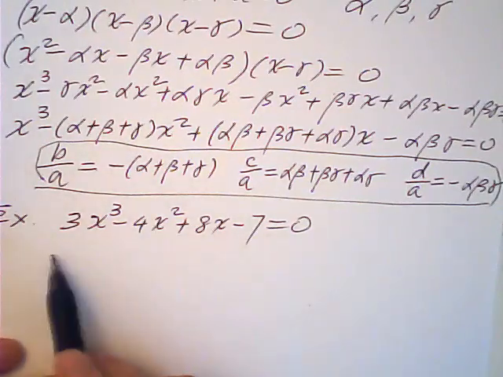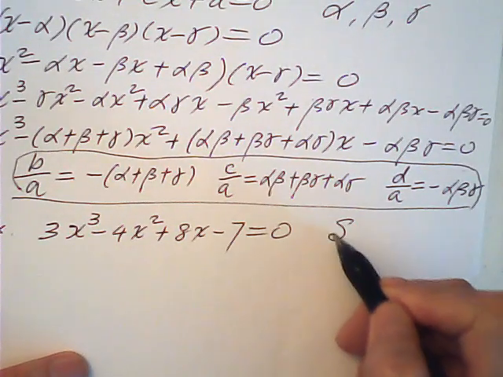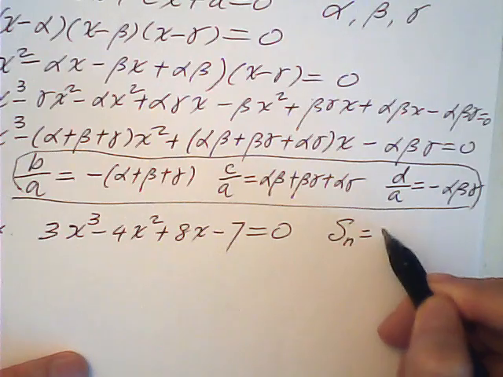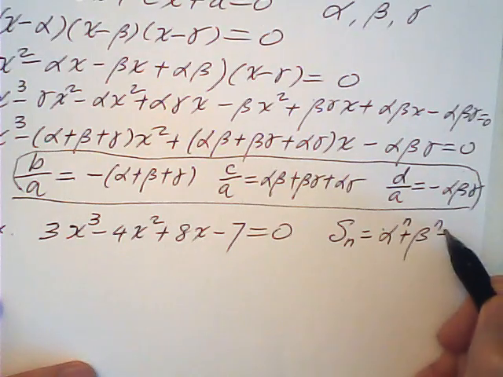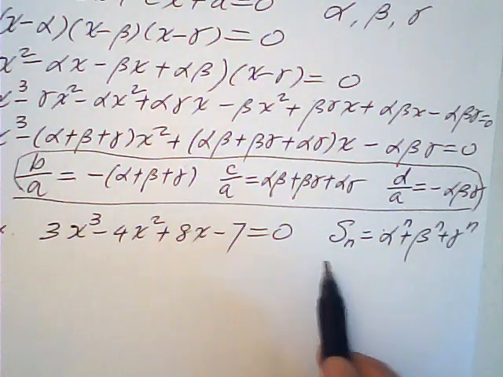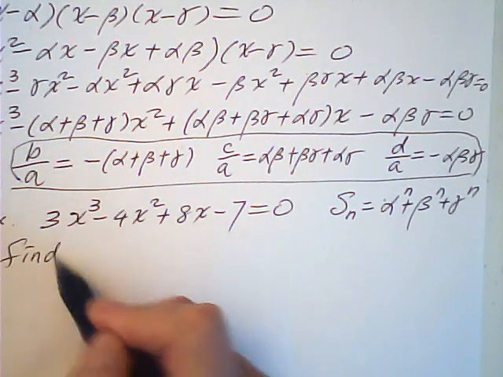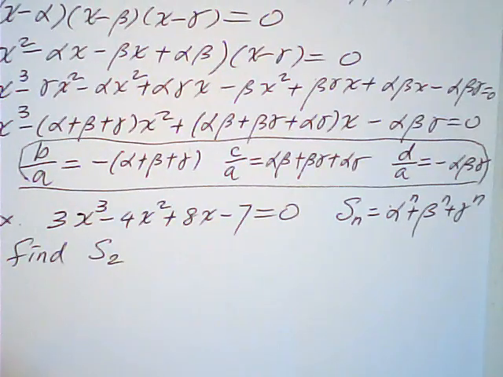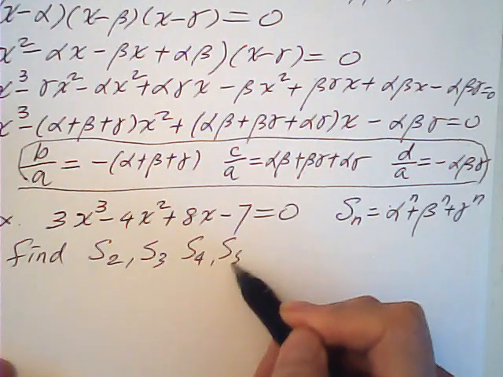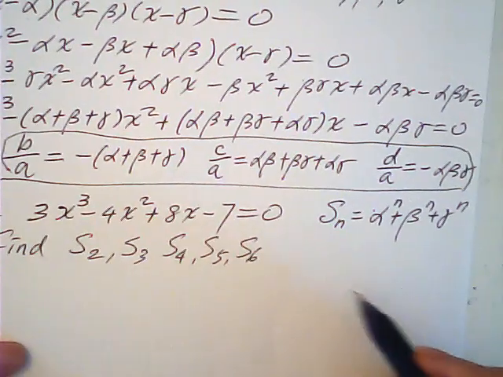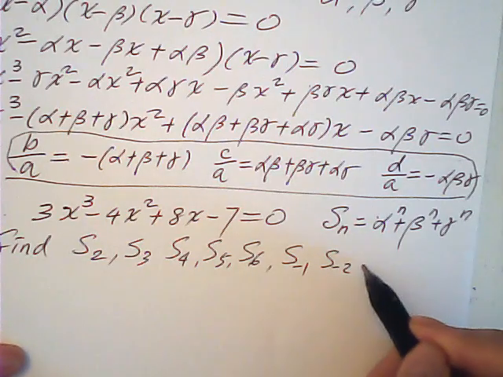And we have three roots, alpha, beta, and gamma. And suppose that S sub n is equal to alpha to the power n plus beta to the power n plus gamma to the power n. And we are looking to find S2, S3, S4, S5, S6, and so on. And also we can find S negative 1, S negative 2, and so on.